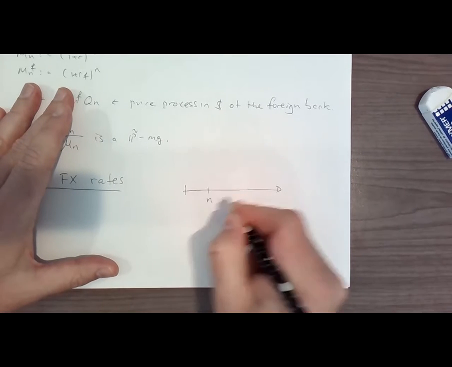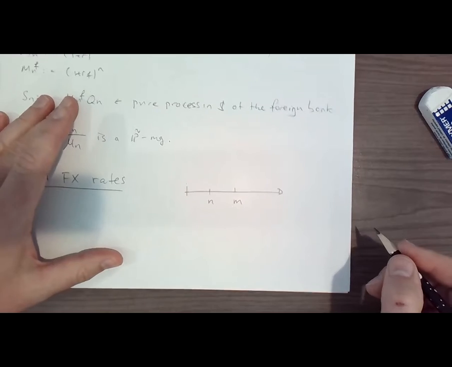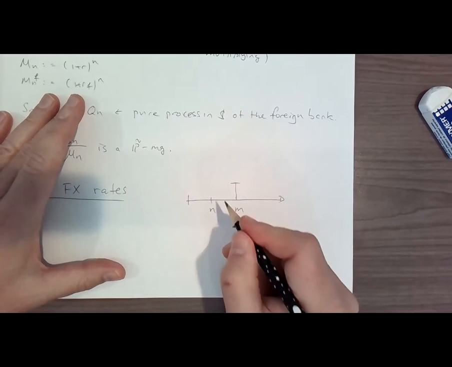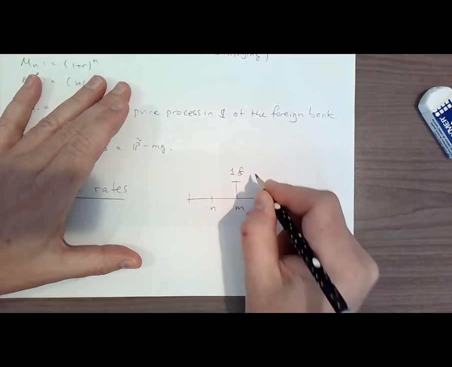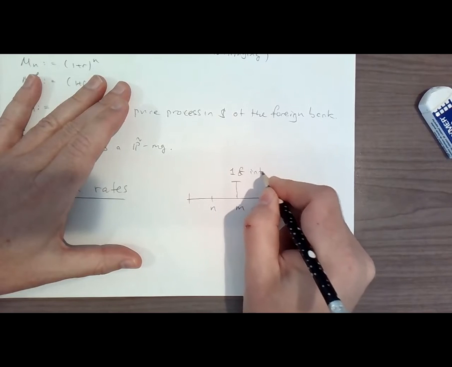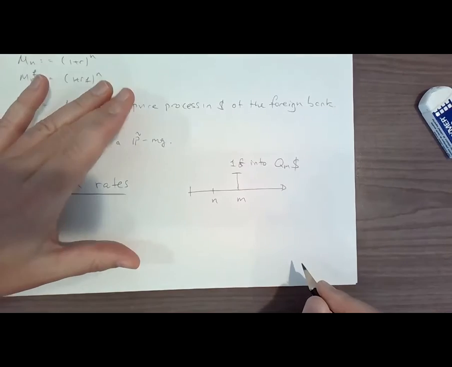Okay, so the way that goes is we have time points n and m. So here at time m, you're going to convert £1 into Q_m dollars.